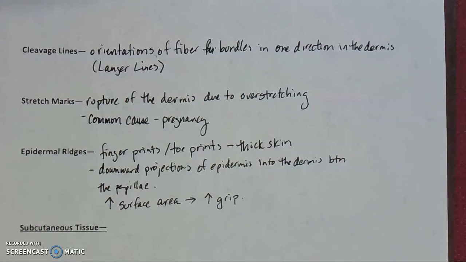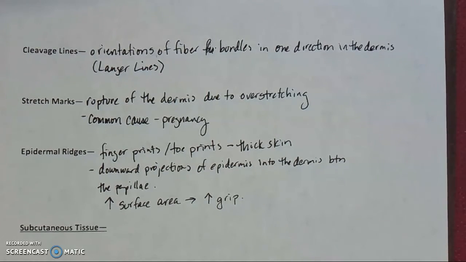And there's databases of fingerprints, so they can match those in any forensic data. So those are pretty interesting things. And I'll put up a picture of the different types of fingerprints, and then you can look at yours and determine what types you have on each of your fingers and your thumbs.